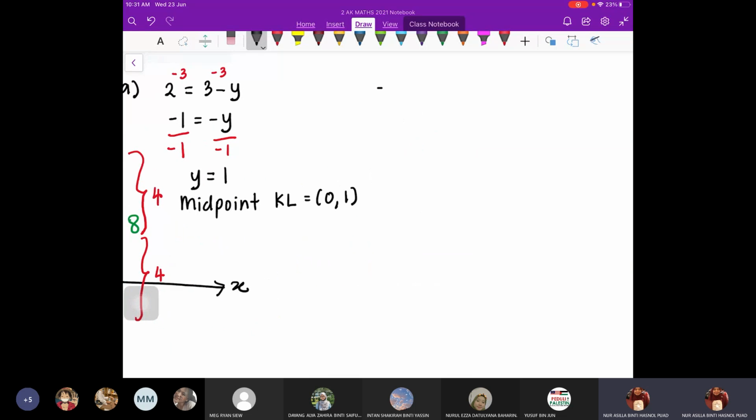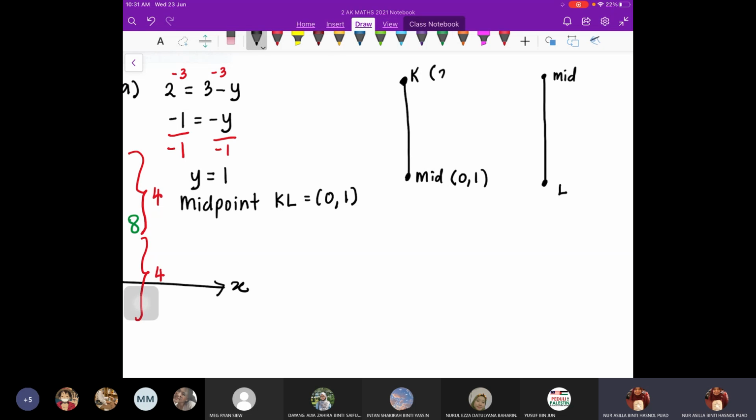Okay. So teacher lukis balik. Boleh dah. K pergi midpoint. Okay. Midpoint. And then satu lagi adalah midpoint pergi L. Okay, midpoint tadi adalah 0, 1.